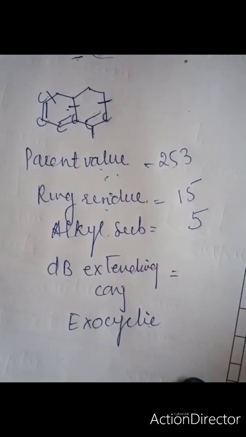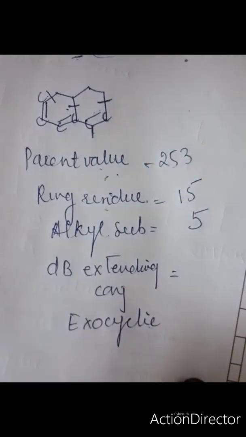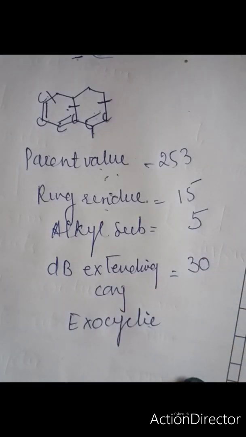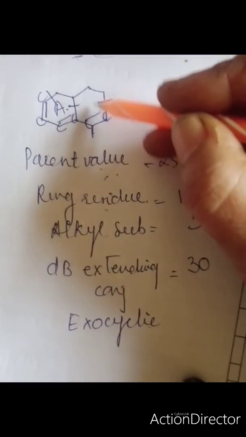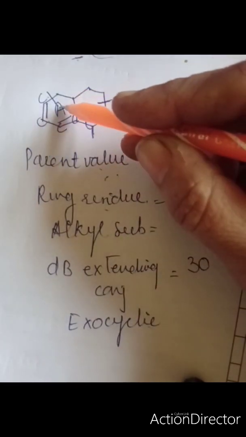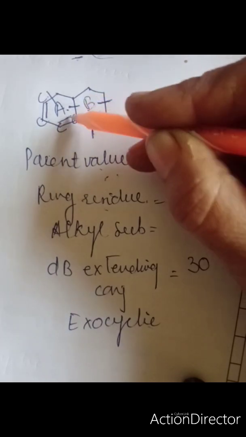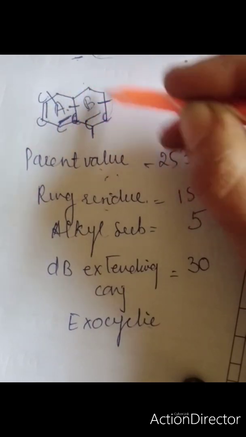Double bond extending conjugation. So in dienes, as I told you, there are 2 double bonds. So here one additional double bond is present. So for the additional double bond you will be writing 30. Then exocyclic. So first with respect to this ring, there is no double bond which is outside this ring and attached to one of the carbons of the ring. With respect to this ring, this double bond is outside this ring and it is attached to one of the carbons of this ring.